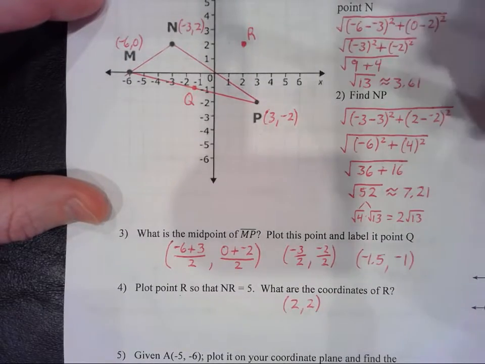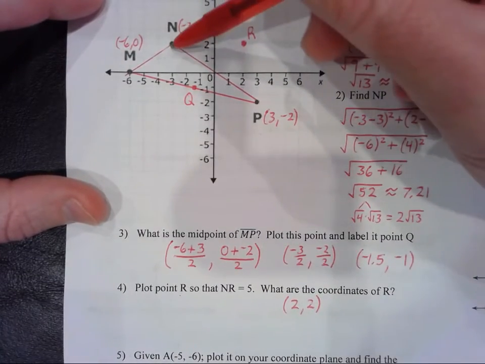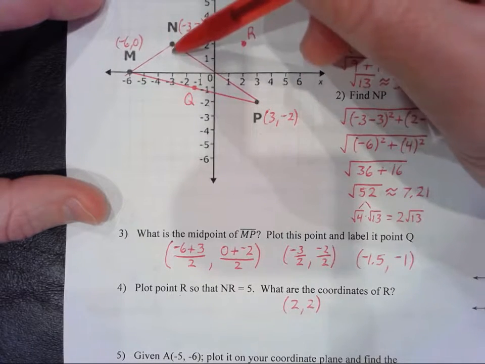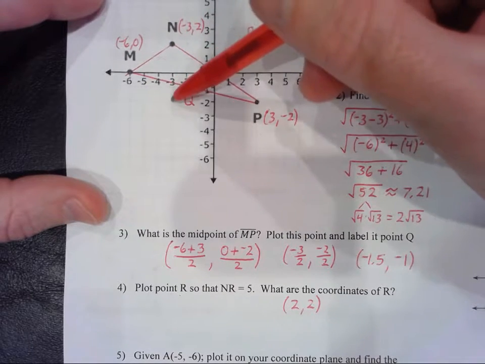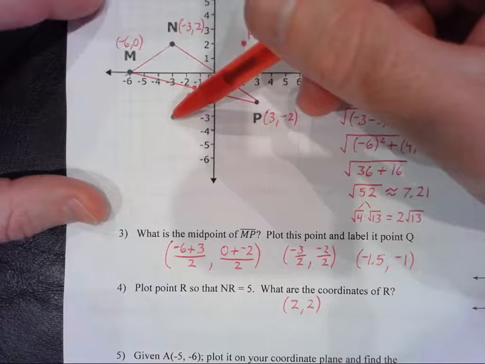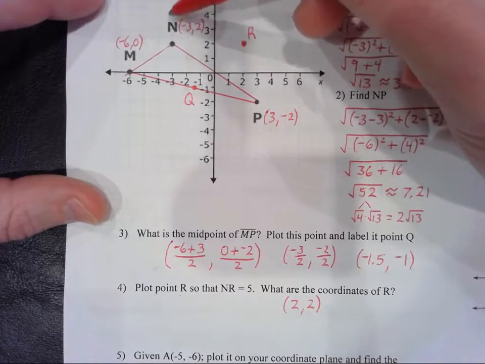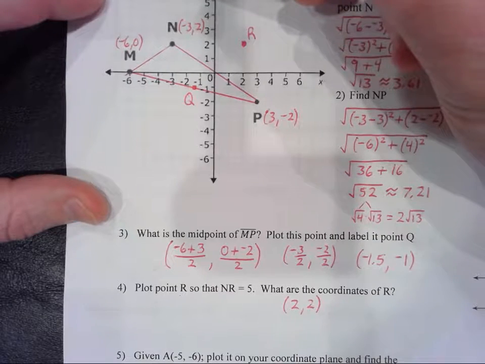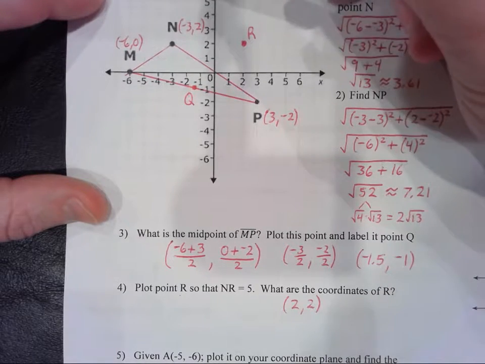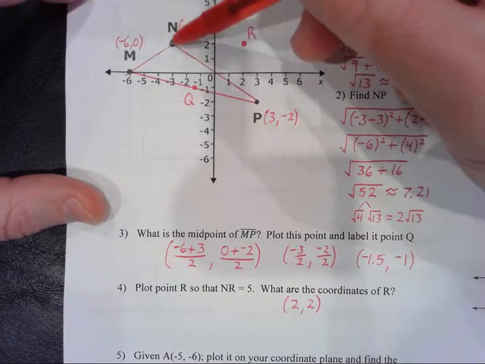Now there's lots of different options here. I could have counted down 5 units, 1, 2, 3, 4, 5, and said -3, -3. I could count up 5 units, 1, 2, 3, 4, 5, -3, 7. I could go to the left 5 units.